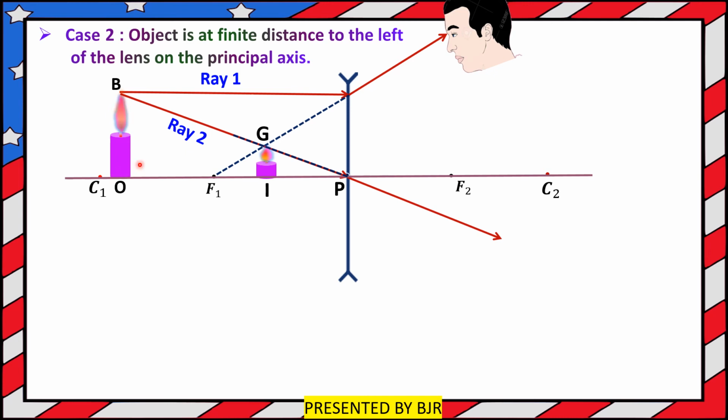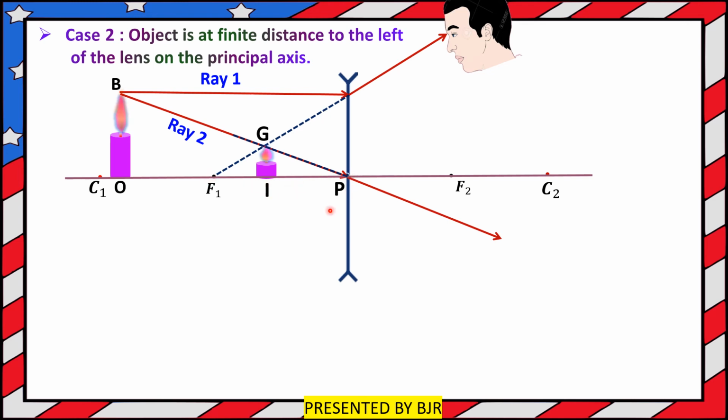Wherever you want, you can place the object on the principal axis at a finite distance. You can place the object beyond C1 here, at C1, between C1 and F1, even at F1, between F1 and P also. Its image will always be formed between P and F only.